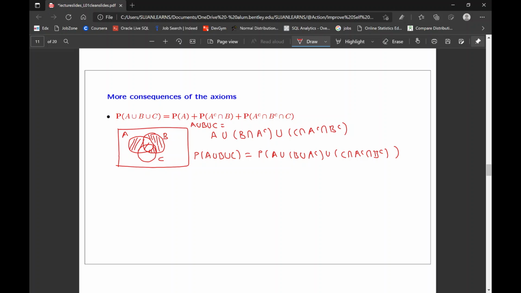By additive axiom it is equal to probability of A plus probability of second piece, which is B intersection A complement, and probability of C intersection A complement intersection B complement. And we have proved our axiom.